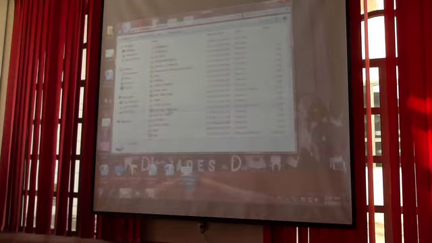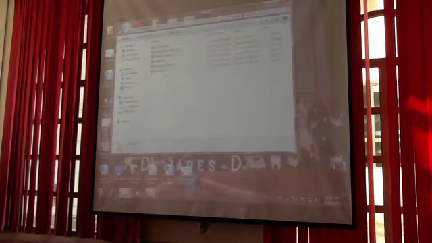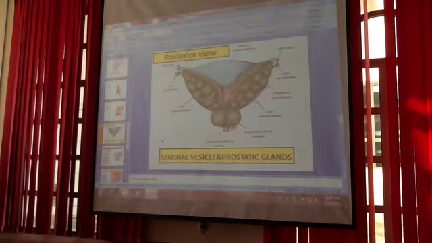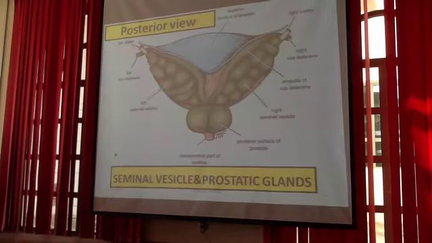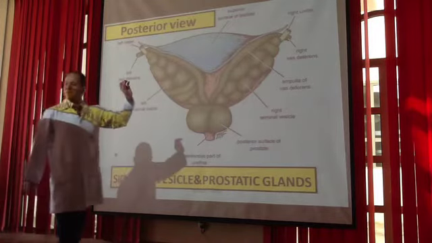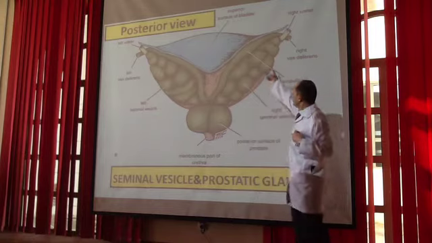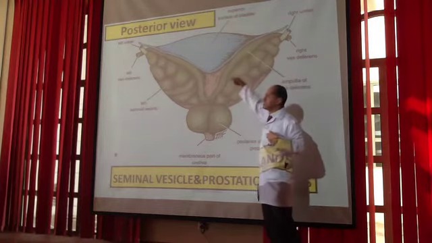Let's magnify now. This is the back view of the urinary bladder, and what happens at the final part of the vas deferens?